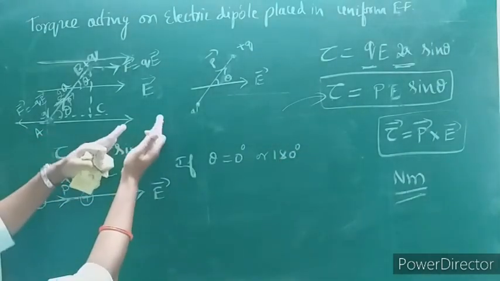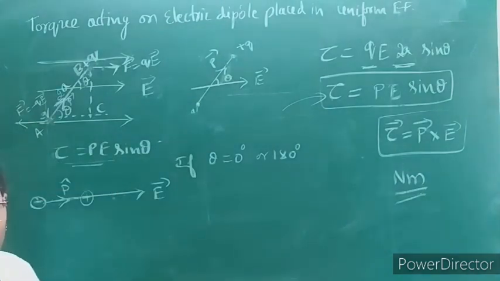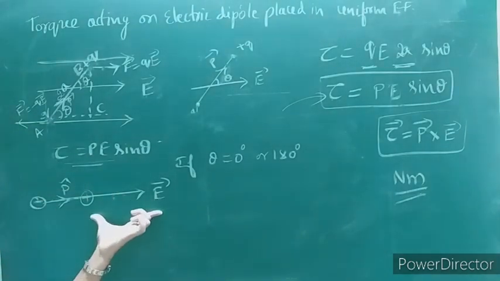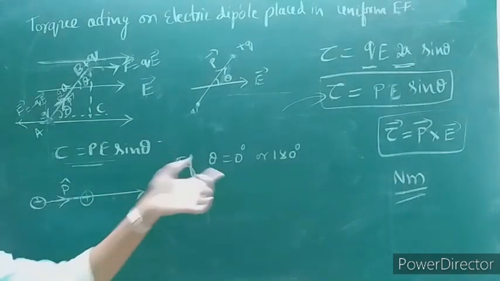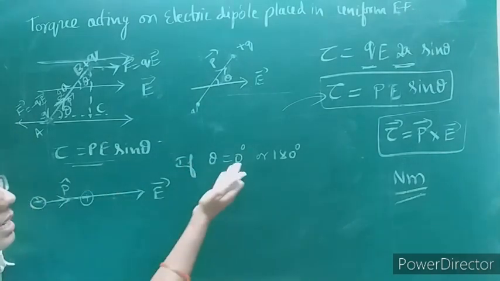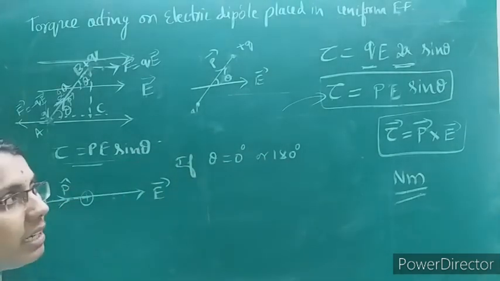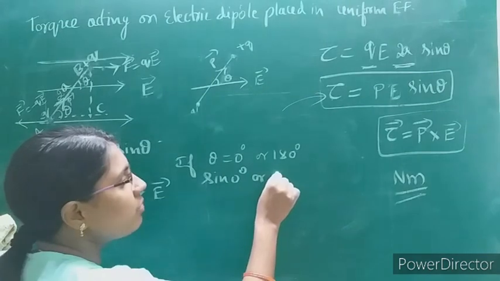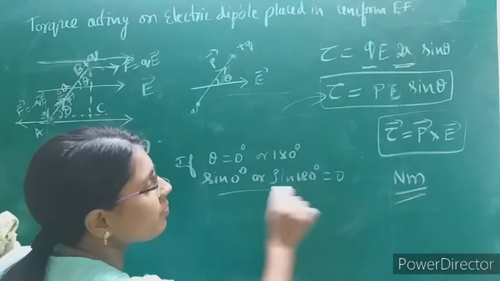The torque acts on the dipole to orient it along the direction of the electric field, but the dipole is already along the direction of the electric field. That's why there is no need to apply torque. Mathematically, theta is 0 degrees, or if opposite, 180 degrees, so sin 0 or sin 180 is equal to 0.